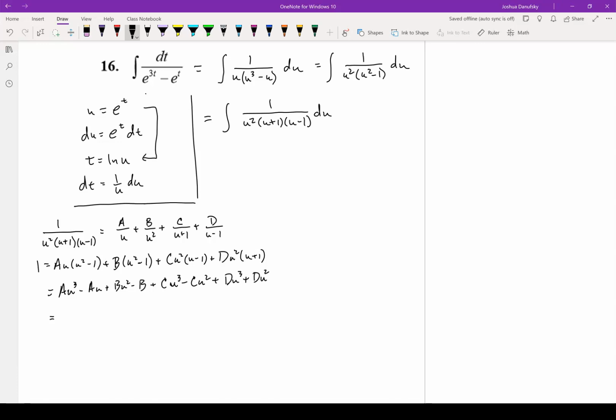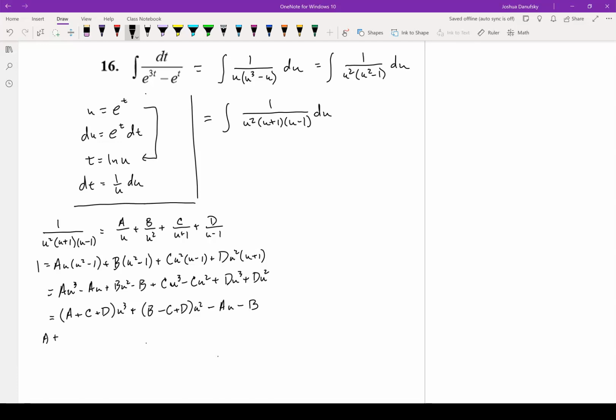Now we'll group our like terms. So our terms with u cubed, we have an A, we have a C, and we have a D. Our squared terms, B minus C plus D. There's one linear term and one constant term.